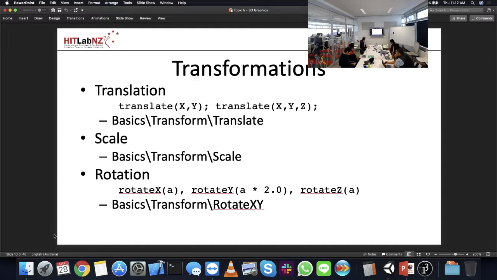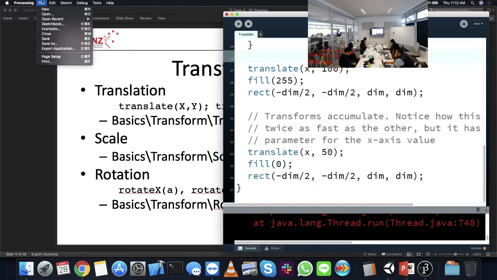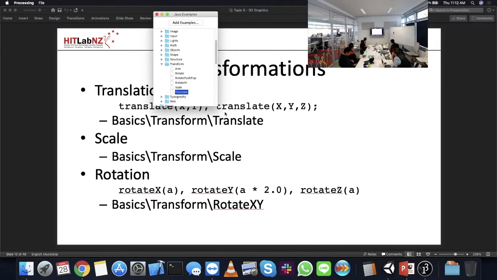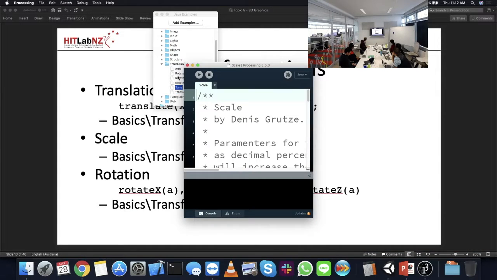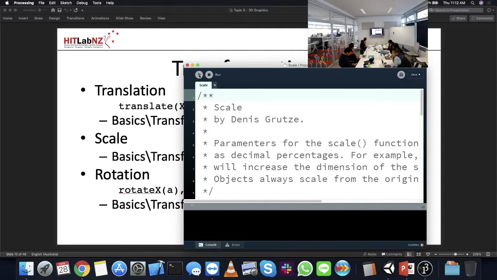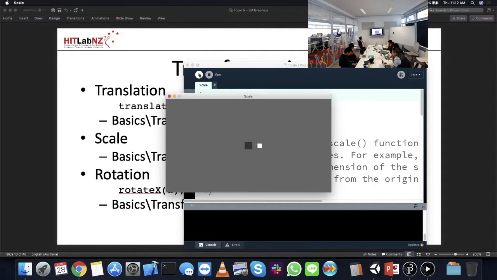Okay, the next one is scale, and we have a nice example of that, which is super counterintuitive to start with. Let's get rid of that. Scale. So this is scale.